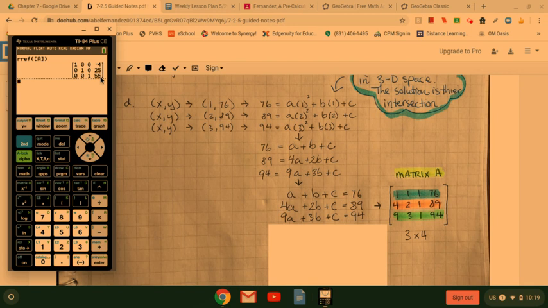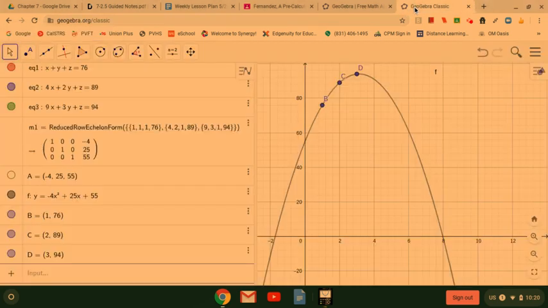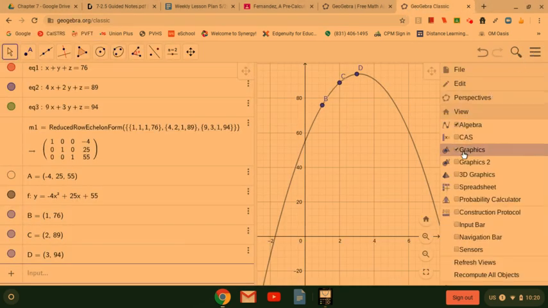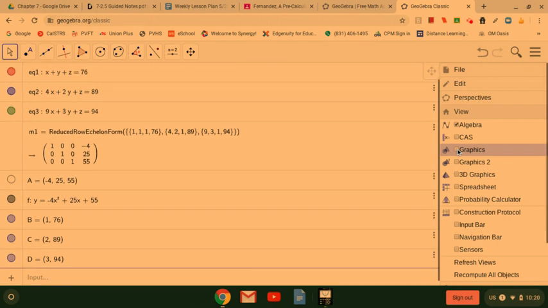But if you don't know how to use the TI-84, at least here you can see what's going on. You can see that the solution to a system of 3 equations is the 3 planes intersecting, right? That's the geometrical solution to it. So let's turn this off, and let's turn back on the 3D graphics.